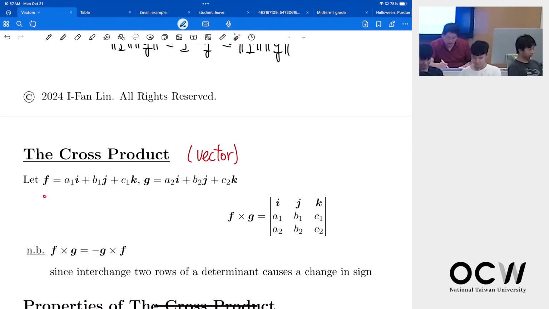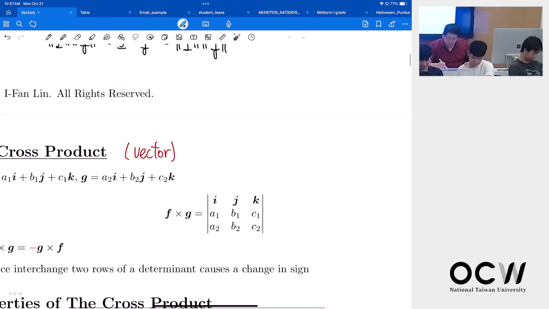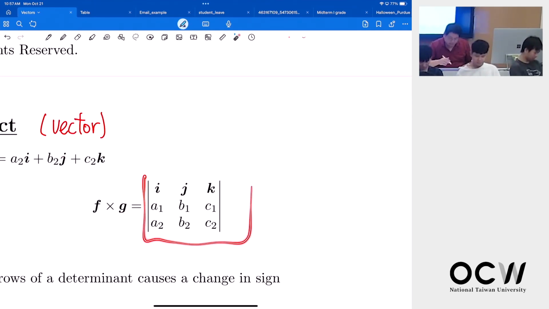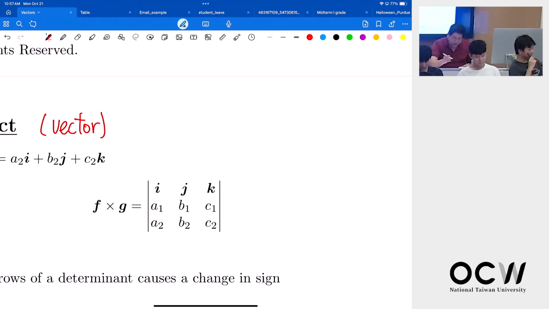If I have two vectors, when we do the cross product, then this is the result. And for this result, first we need the determinant.